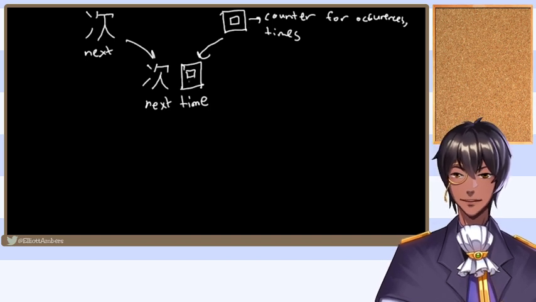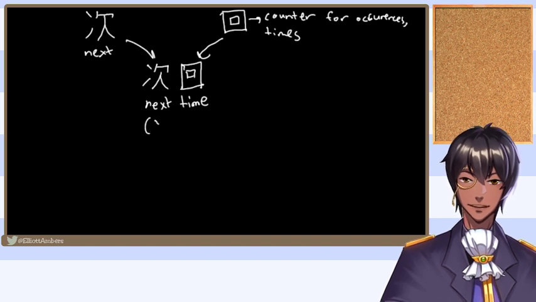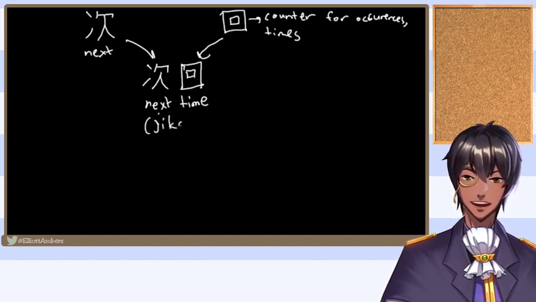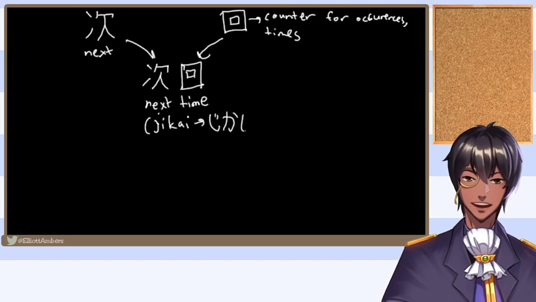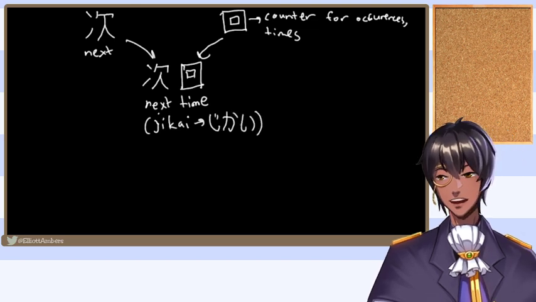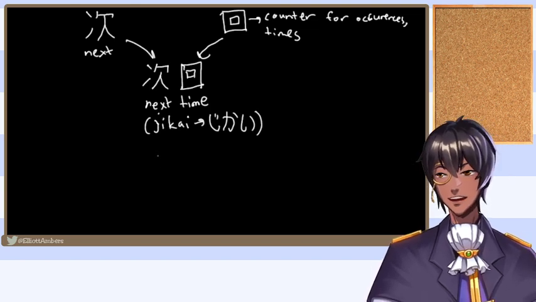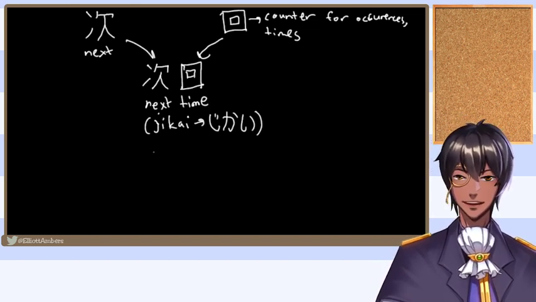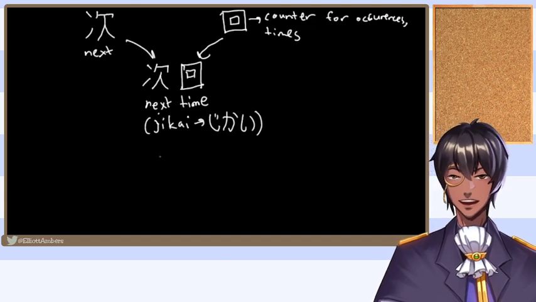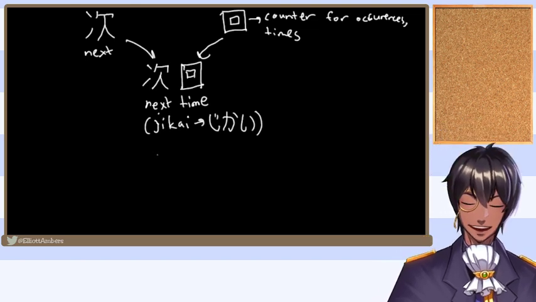So next time, jikai. I can't in my head do a Japanese next episode on blank, but they'll usually say jikai and then the anime title, like jikai, Deku punches a tree in half. The next one.